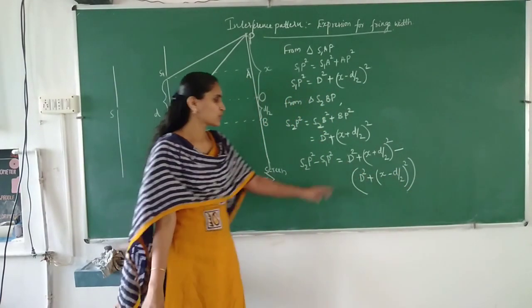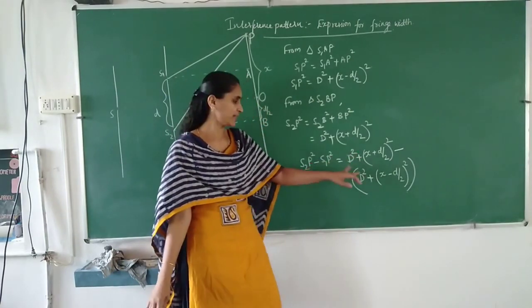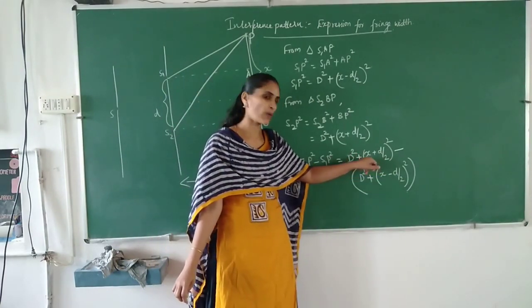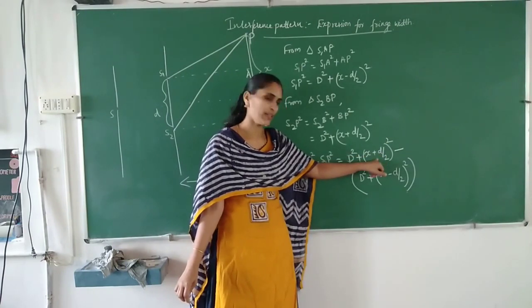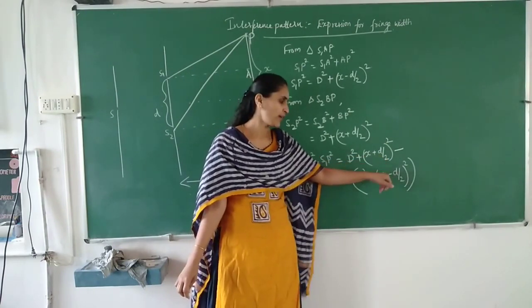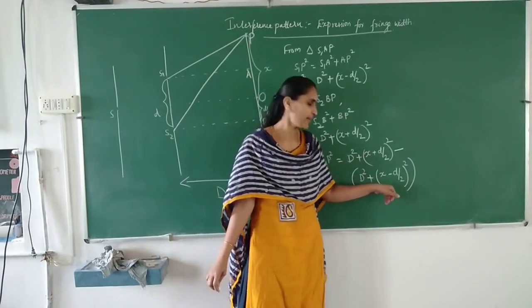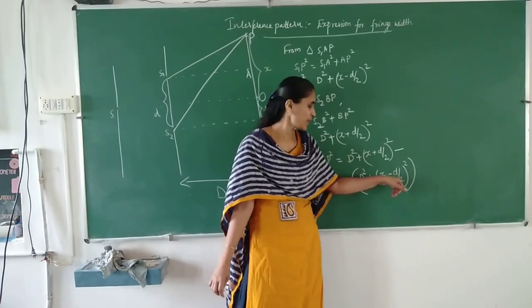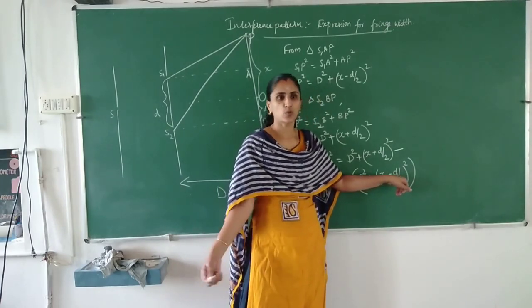If you expand, you will get x square plus xd plus d square by 4. Here also if you expand you will get x square minus xd plus d square by 4.